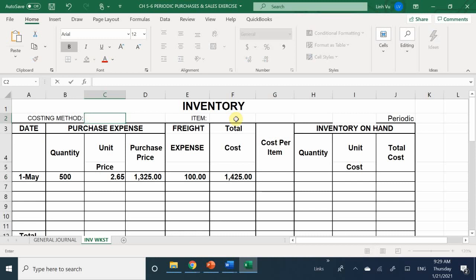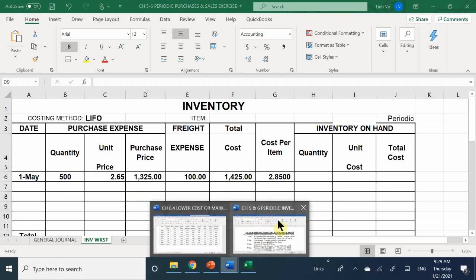So do we care to calculate the cost per item? No. Yes, yes, this isn't weighted average. We do care, because we have to remember what came first and what came last. So what is going to be my cost per item here? 2.85, even. I'm going to extend it so the next time we see our information, we can see if it does change. Okay, good.